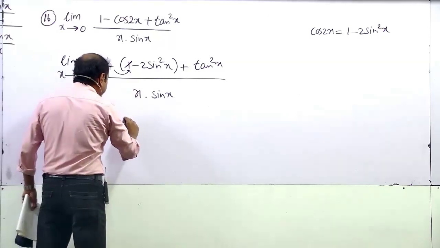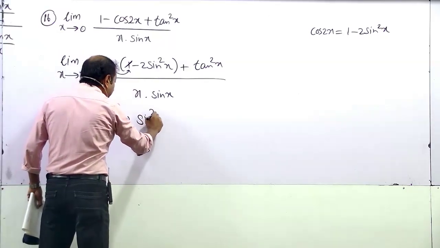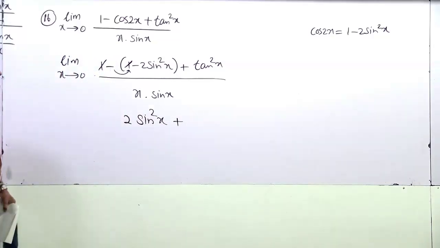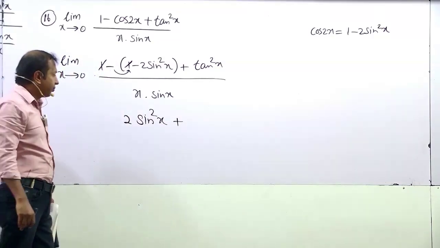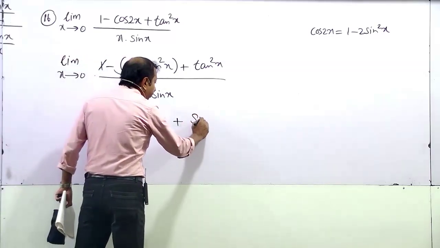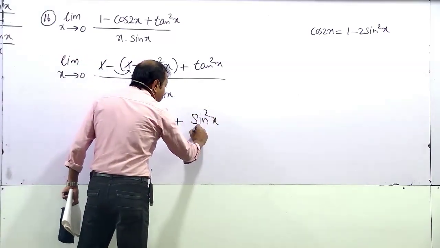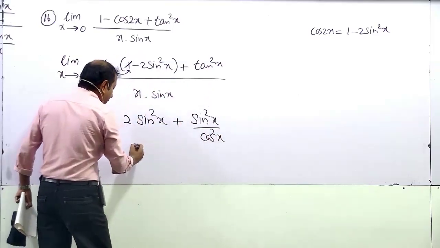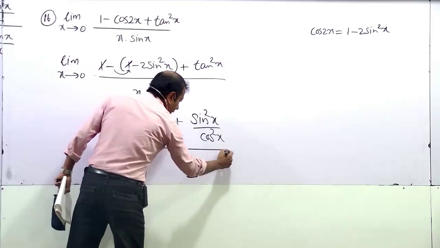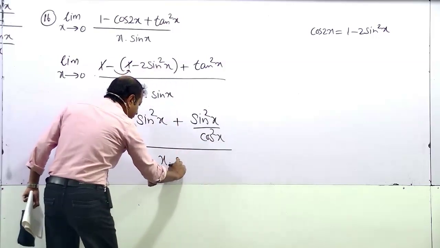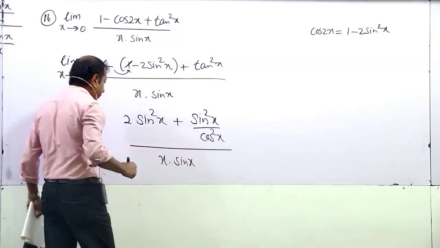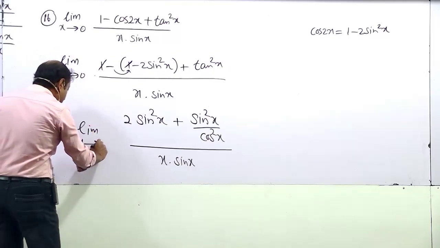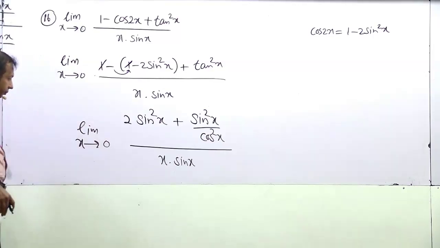Minus minus plus 2 sin squared x. Tan squared x you can write as, people, sin squared x over cos squared x. This tan squared x I wrote, divided by x into sin x. A limit x going to 0. This way.